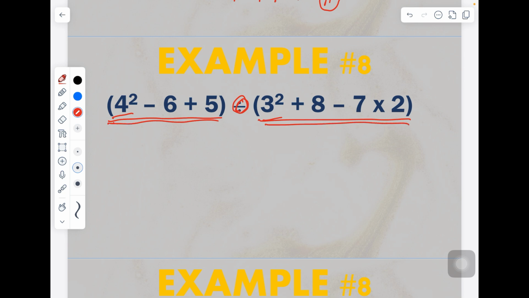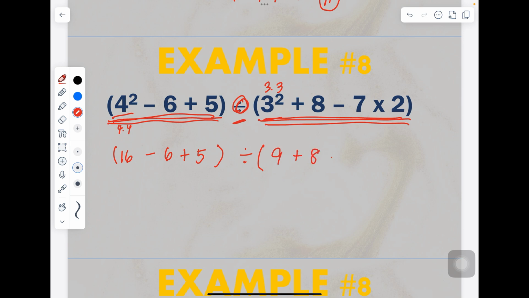So we have to do the operation inside the parenthesis first before the division operation. So 4 squared is 4 times 4. That's 16 minus 6 plus 5 divided by, this one, 3 times 3. That's 9 plus 8 minus 7 times 2.